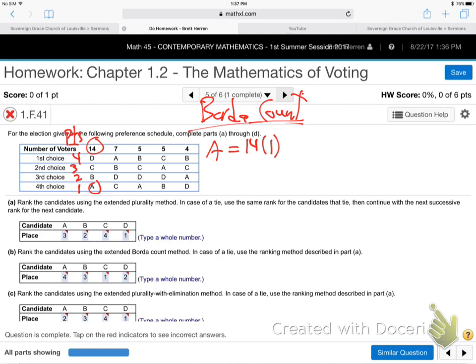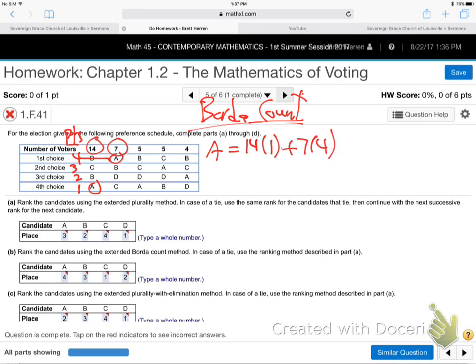You with me so far? 14 people voted D as their favorite, followed by C, followed by B, followed by A. That means 14 voters felt that way. So 14 people put A last, and gave A 1 point. And then the next group, the 7 people, they gave A 4 points each. So you just add these up: plus 7 times 4.